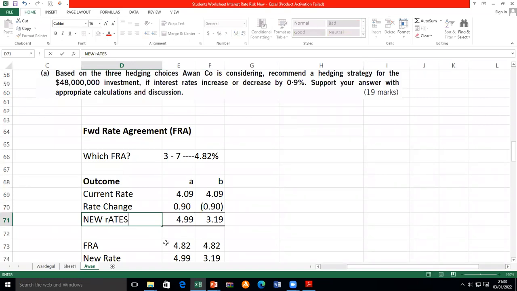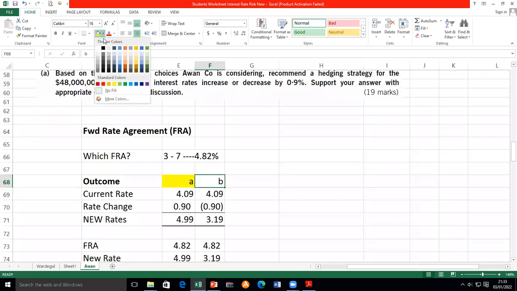The new interbank rates are 4.99 in scenario A, 3.19 in scenario B. So this is how these two rates have now moved.